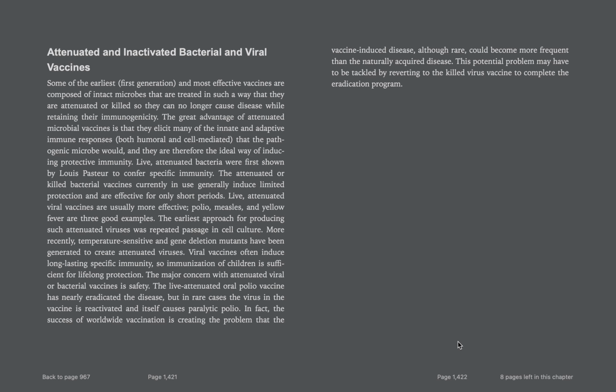In fact, the success of worldwide vaccination is creating the problem that vaccine-induced disease, although rare, could become more frequent than naturally occurring disease. This potential problem may be tackled by reverting to the killed virus vaccine to complete the eradication program.